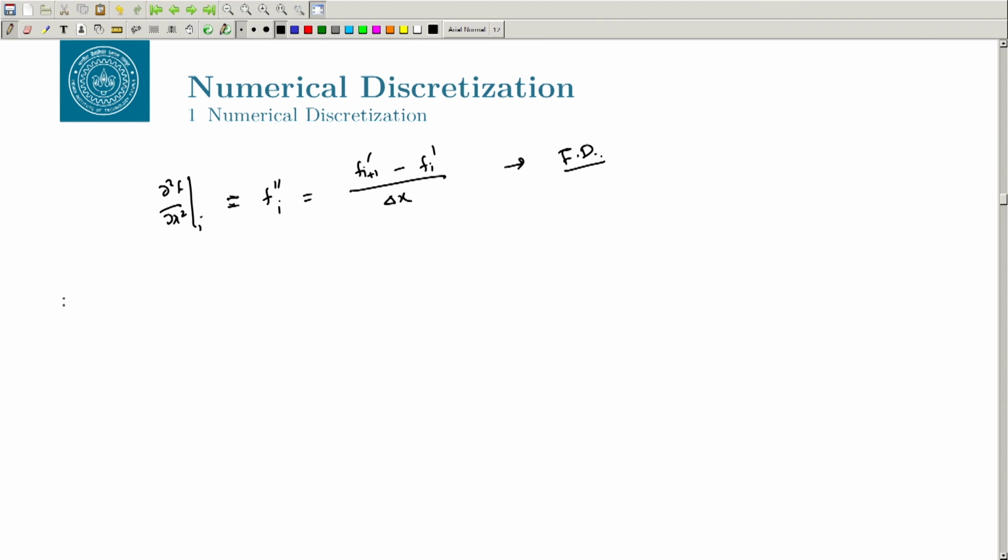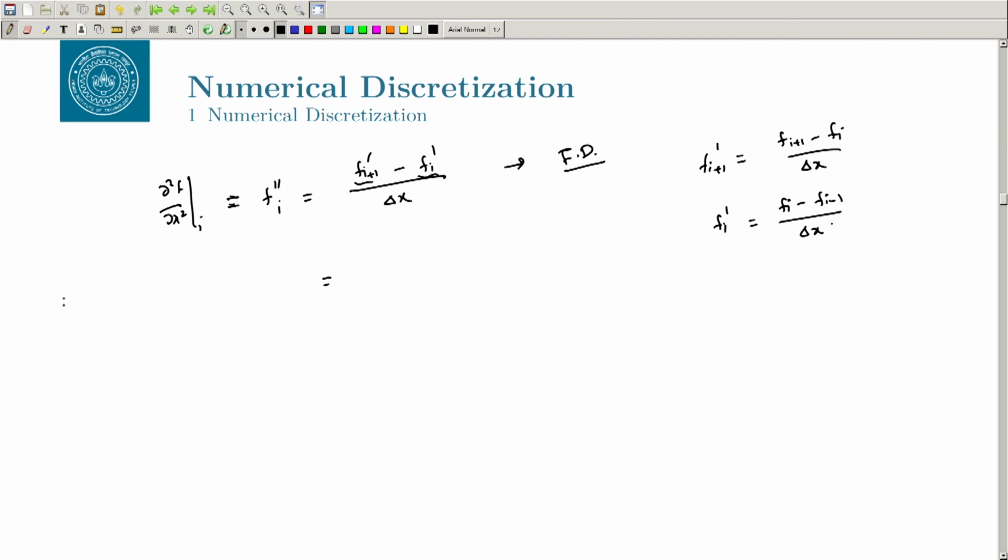Now, for this first prime you use the backward differencing. So, f'_{i+1} with backward differencing around i plus 1 will be (f_{i+1} - f_i) by delta x, and f'_i will be (f_i - f_{i-1}) by delta x.